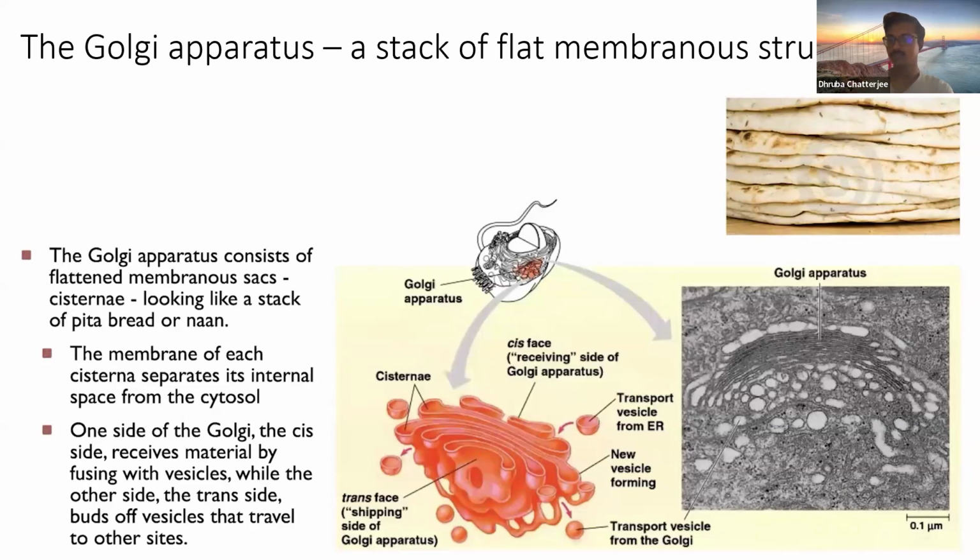Whereas the final trans Golgi network actually acts as the shipping side of the Golgi apparatus. It acts as the major sorting hub of the cell, just like a huge railway junction, from which different people have to be guided or trafficked to the different trains that they need to take to reach the different destinations that they want to.